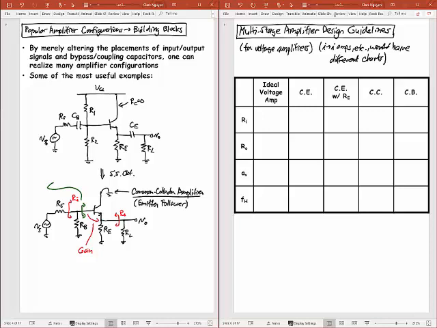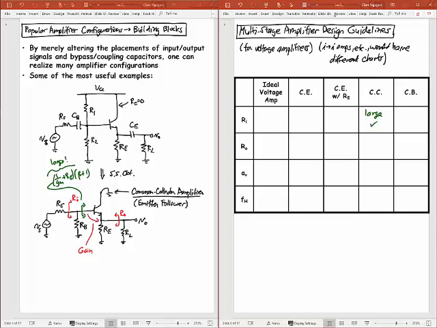It's going to be equal to 1 over gm of the transistor plus whatever is hanging off of the emitter, and all of that times beta plus 1. This is very large. So for the common collector amplifier, the input resistance is nice and large, and I'll put a check mark next to that.